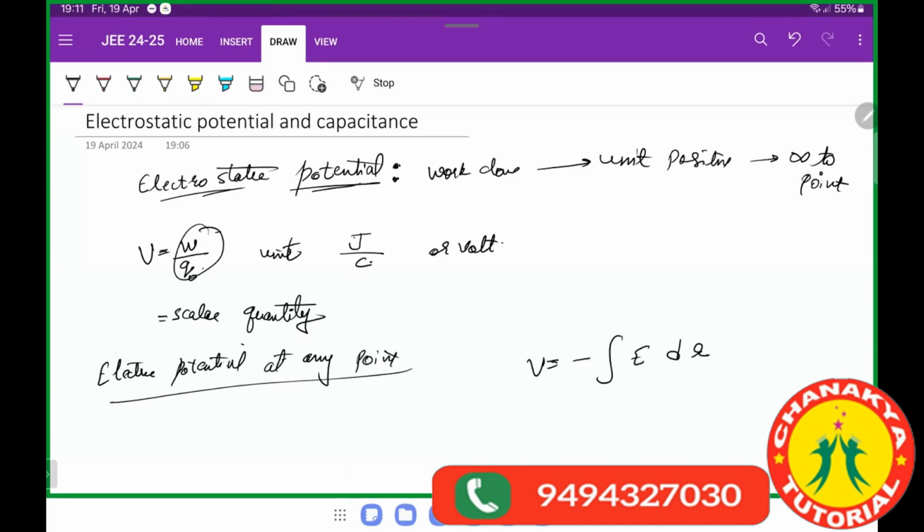We will say from point P to the infinity point, plus 1 coulomb, or 1 Q, plus Q, or whatever you can say. So it varies from the infinity point to distance r.